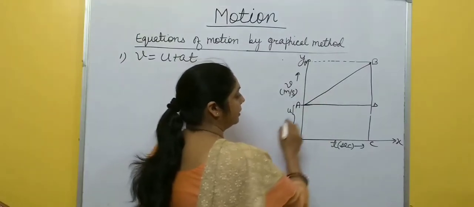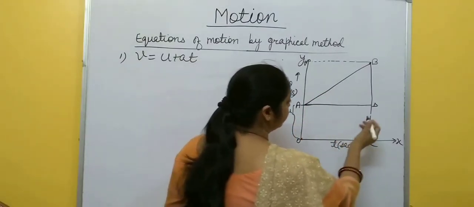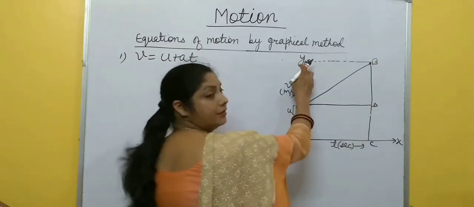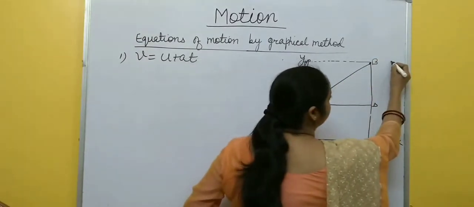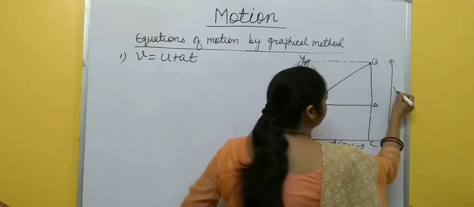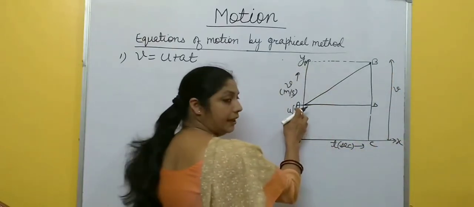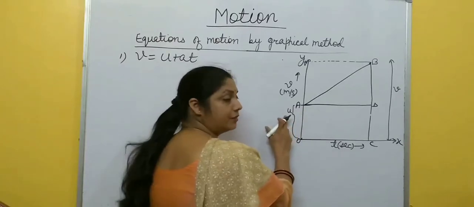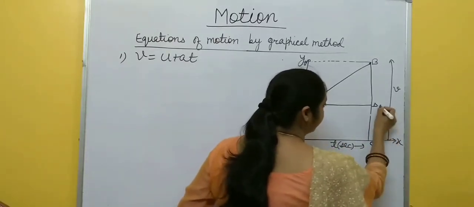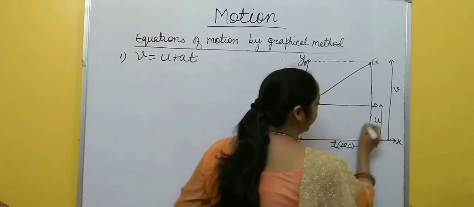AB straight line. To calculate that one, first, up to B point, the body has final velocity v. It means up to this point, the body has velocity v, and up to this A point, the body has initial velocity u. So here you consider initial velocity u, right?